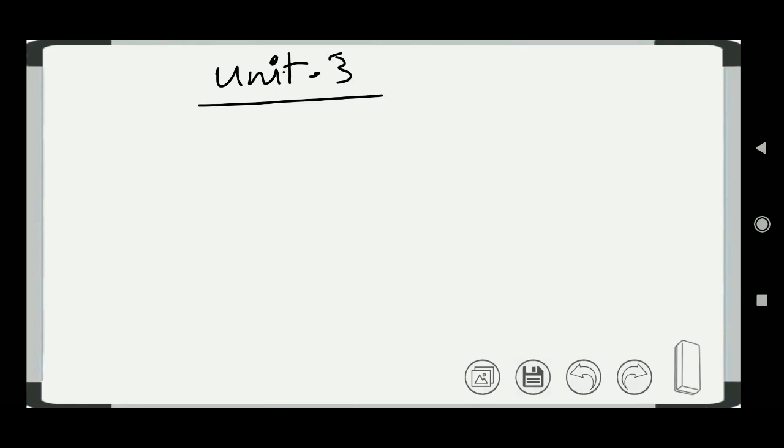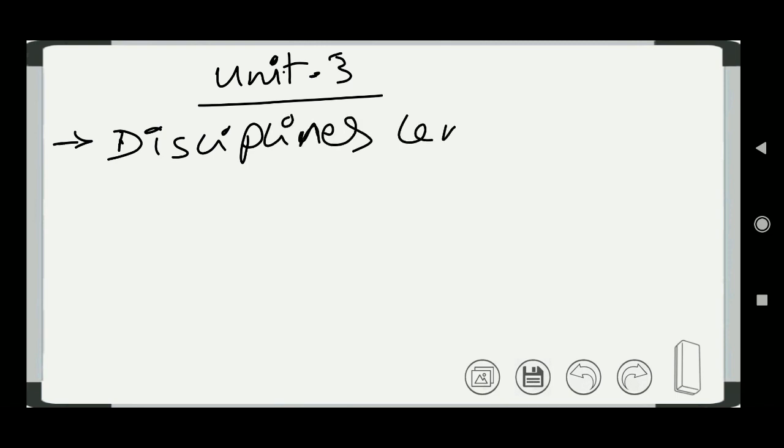Next, unit 3. Here the following topics or concepts are important in this unit. First one is disciplines centered around information.